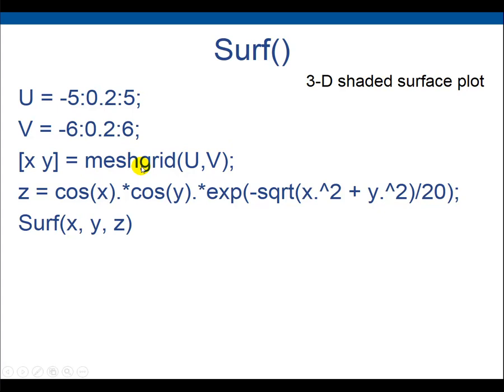They can generate some kind of 2D array that can be used to plot, and this z contains this equation as I explained in the previous slide: cosine x and multiply cosine y, exponential of x and y. So here we have this array using the u and v.